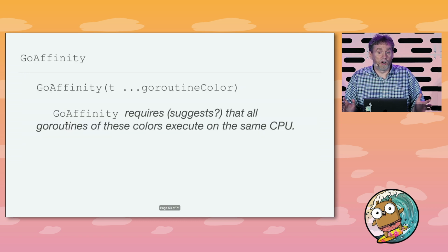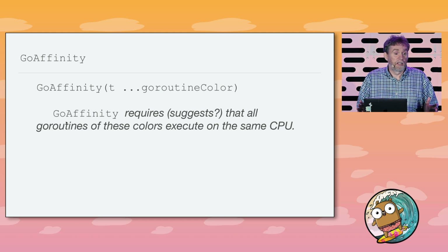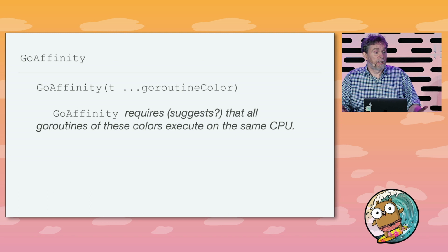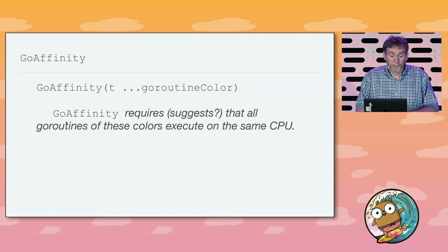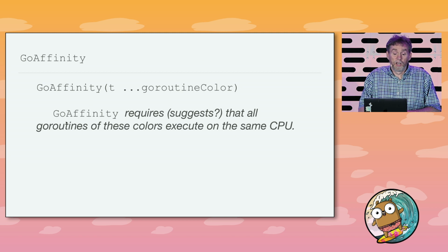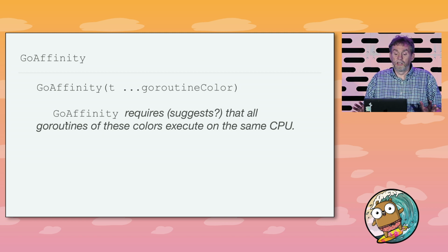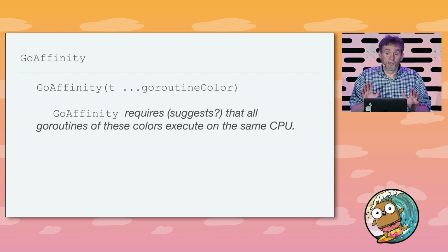So that's what I want to call Go Affinity. What is Go Affinity, and why is that something that would be good? So Go Affinity, given a group of colors, requires or suggests, I'm not sure yet, that all Go routines of these colors execute on the same CPU.